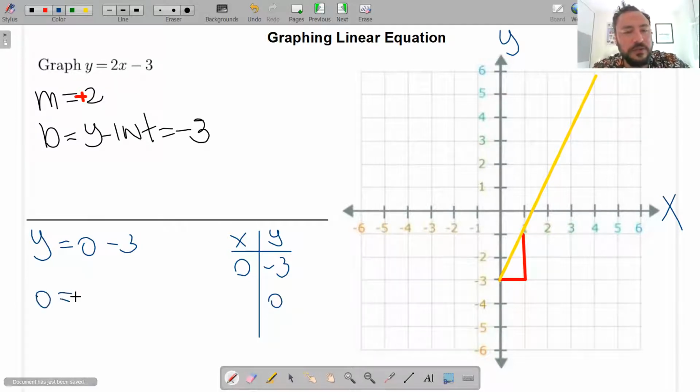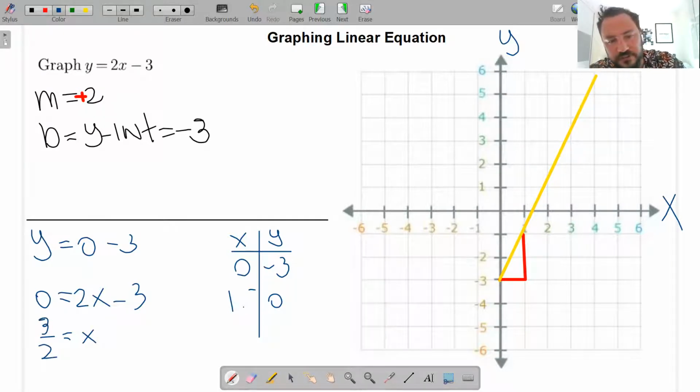When y is equal to 0, then my x will be equal to 3/2 or 1.5. So my 2 points in this case will be the y-intercept and the x-intercept, which you see is the same area where the line is passing through.